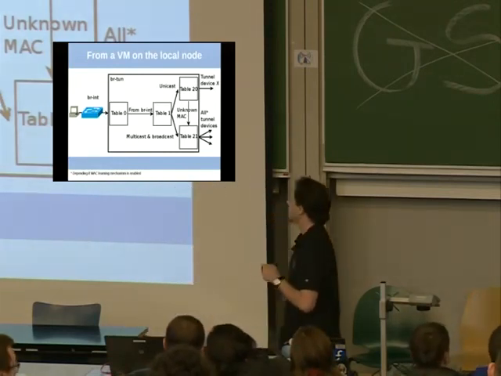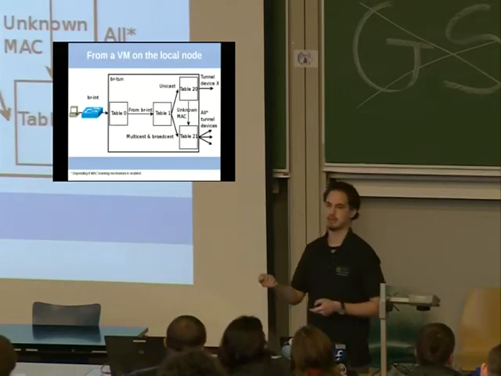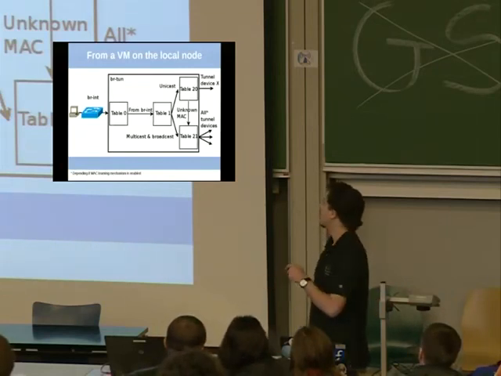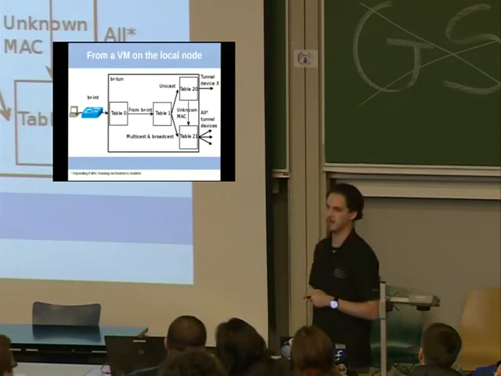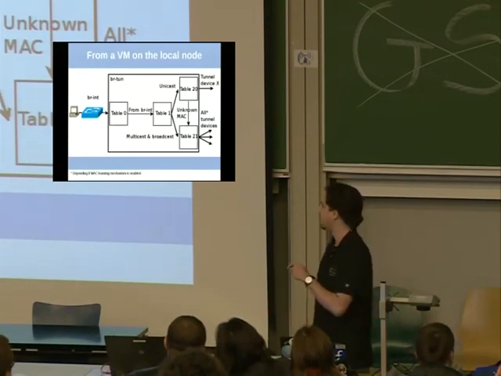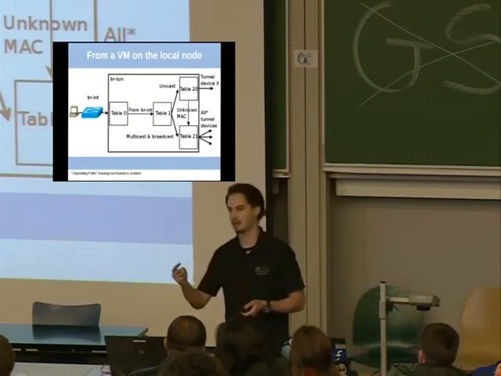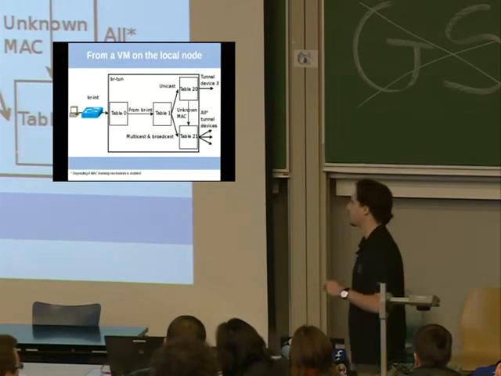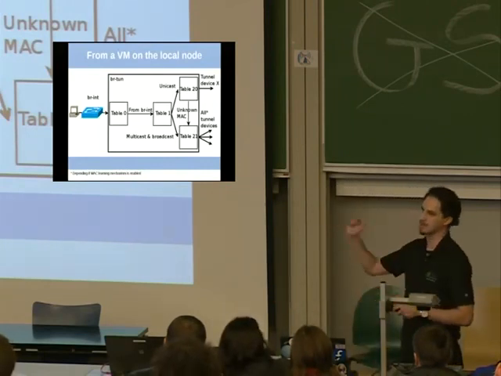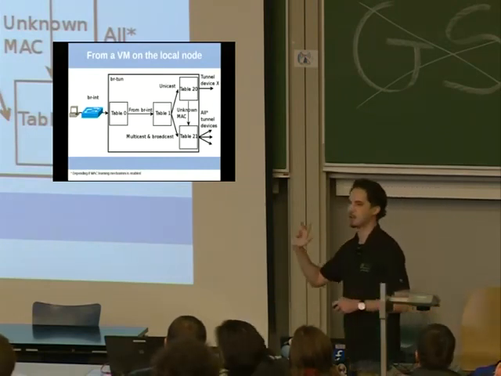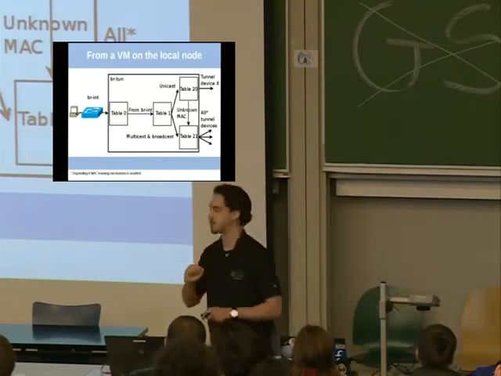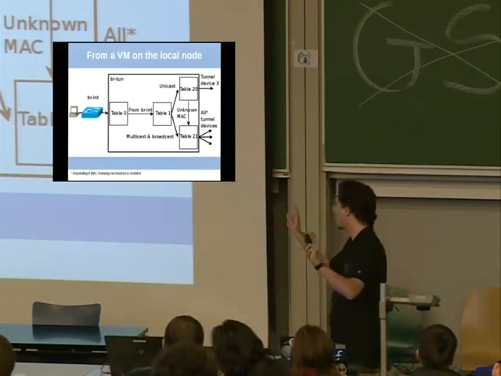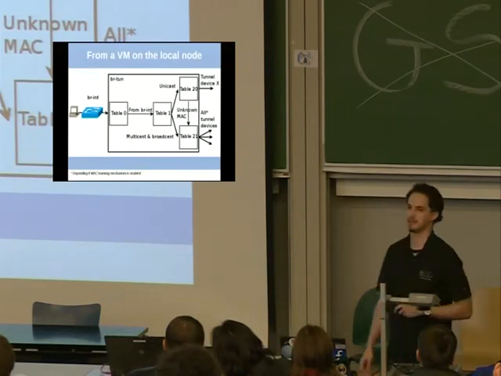Either I know the destination MAC address, so I just forward it to a specific tunnel, or I don't know, because that MAC address hasn't spoken to me yet. Then I forward it to table 21, and table 21 is multicast, broadcast, and unknown destination MAC addresses. So I basically forward it to all tunnel devices.